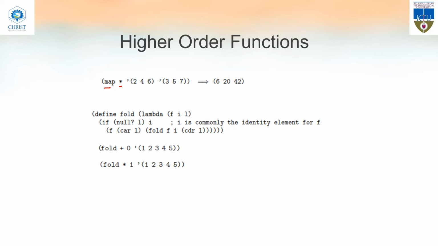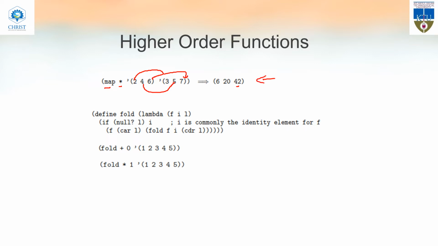If I am using star, this is the first list and this is the second list, then the resultant list will be: 2 into 3, that is 6, the first element; 4 into 5, 20, the second element; 6 into 7, that is 42, the third element. So this is an example of a higher order function.